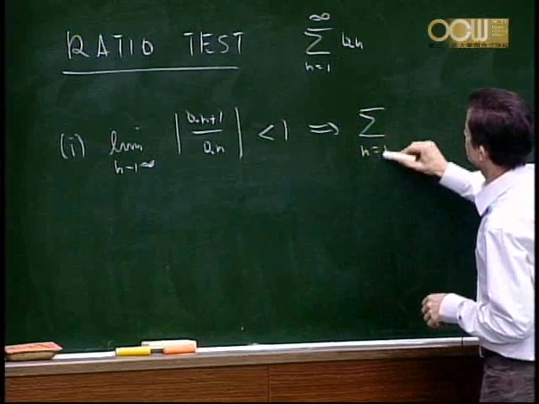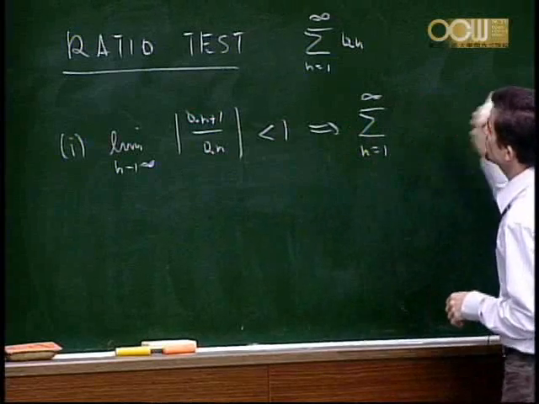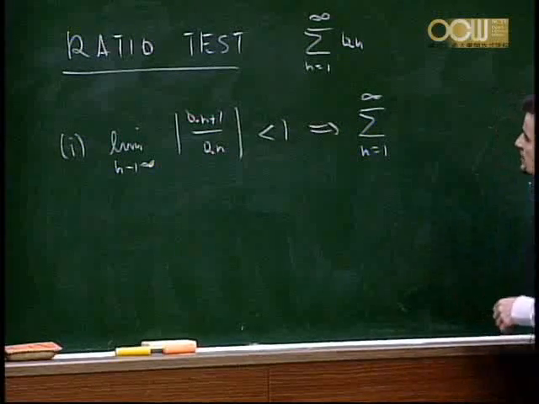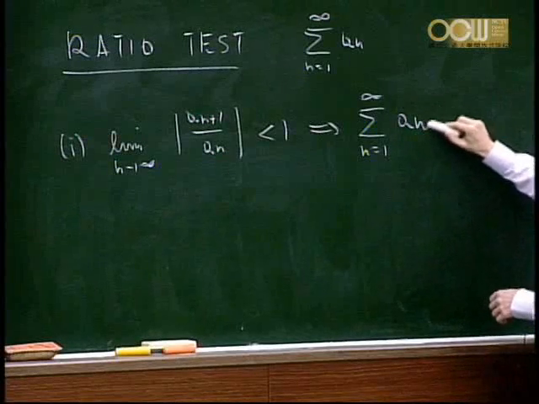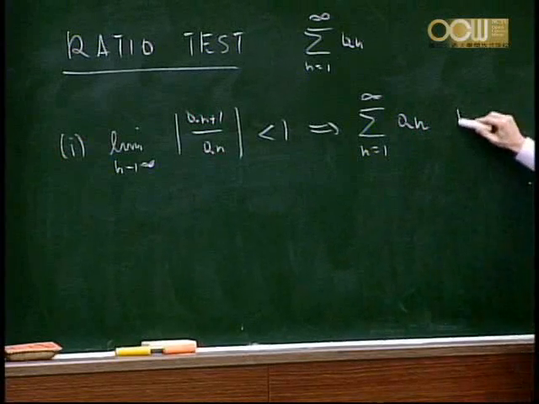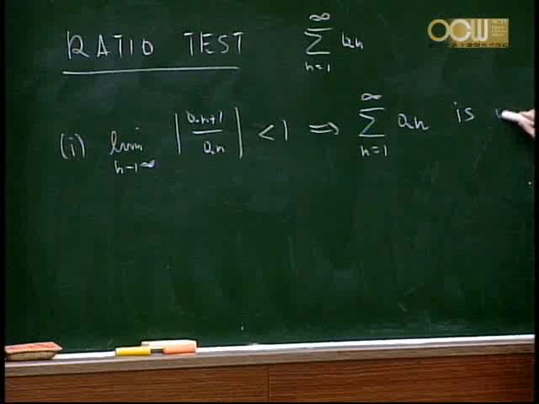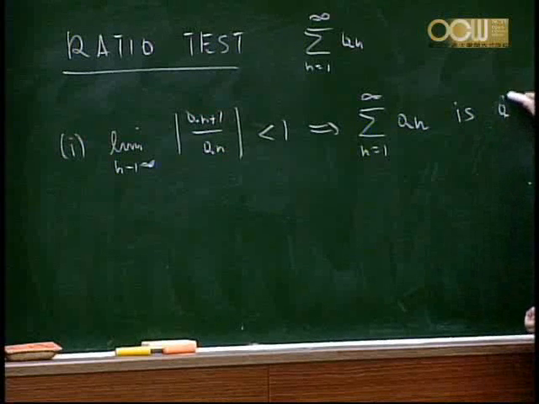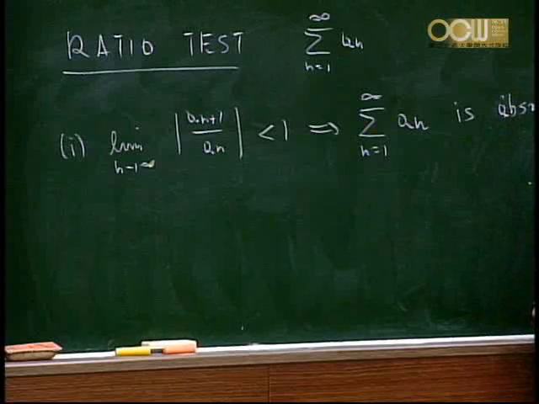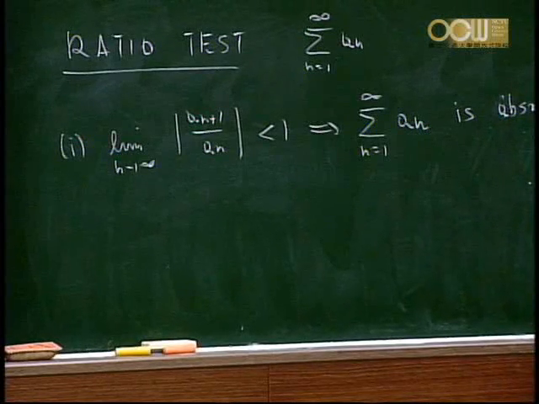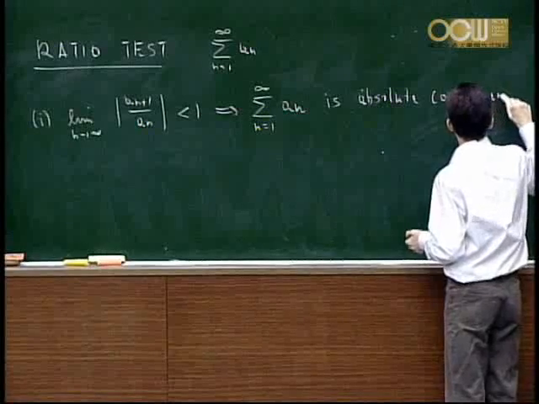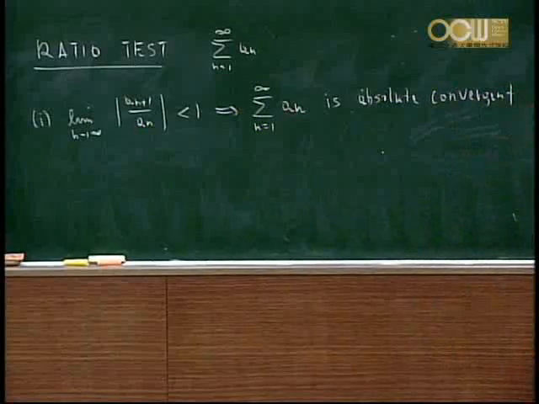Then you can show, using the same chain of reasoning in this general situation, that the series is convergent, not only convergent, even absolutely convergent. Okay, so this is the first case.